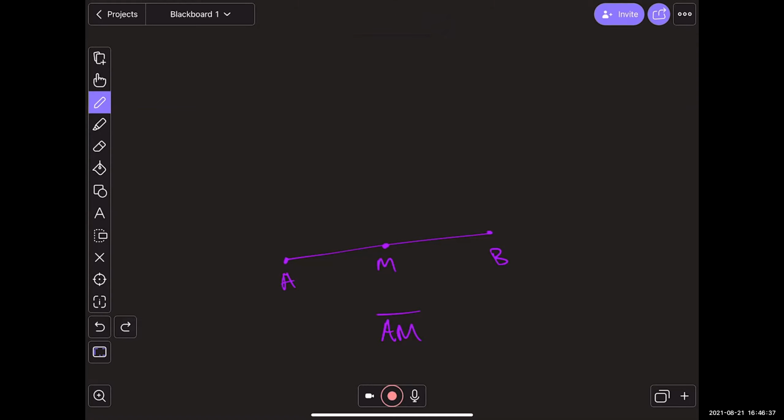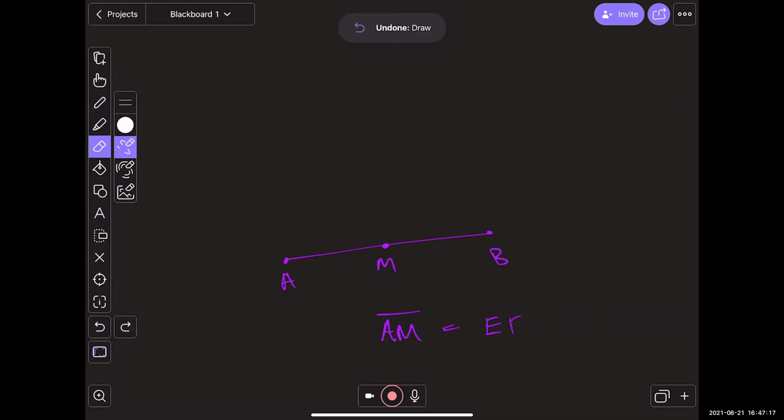Does anyone know how we refer to the length of AM? Give me a raised hand or something, I guess. Okay, Isabella, how do we refer to the length of AM? I'm not sure, but I think it's AM equals BM. Oh, BM.